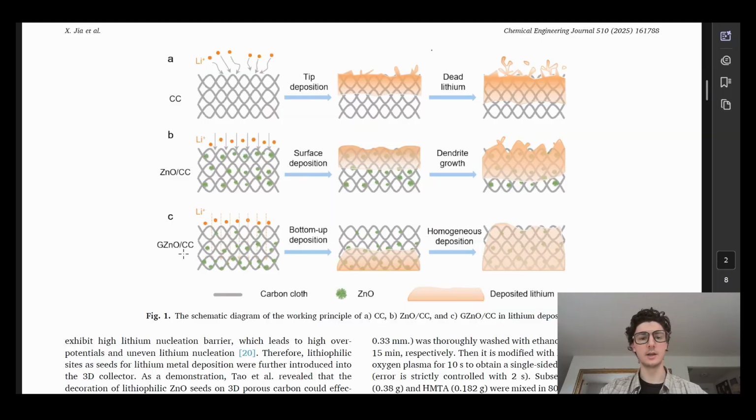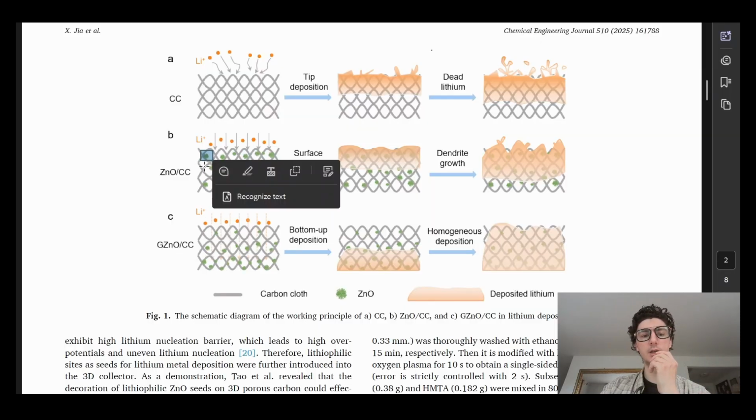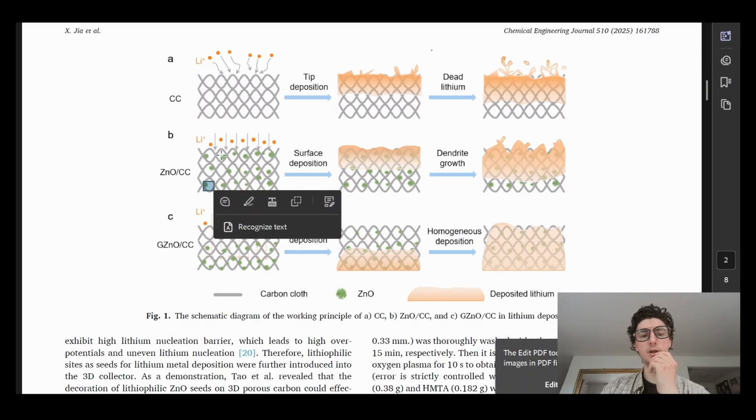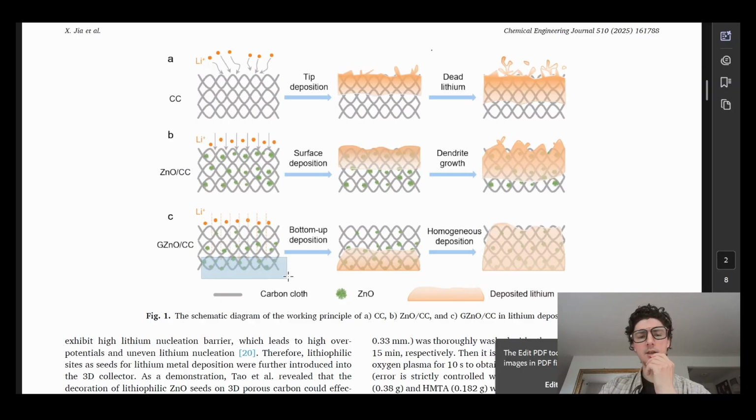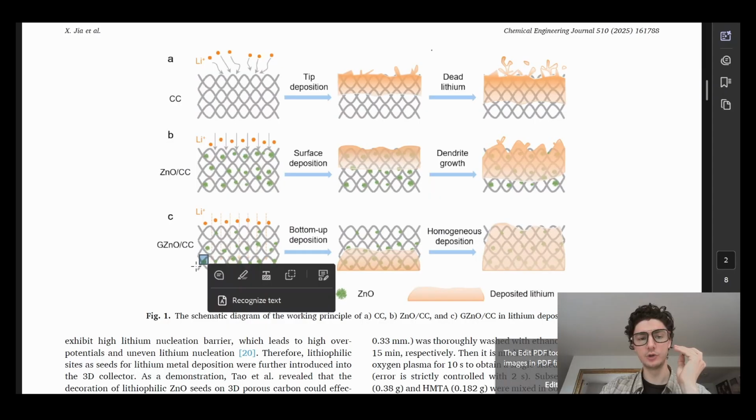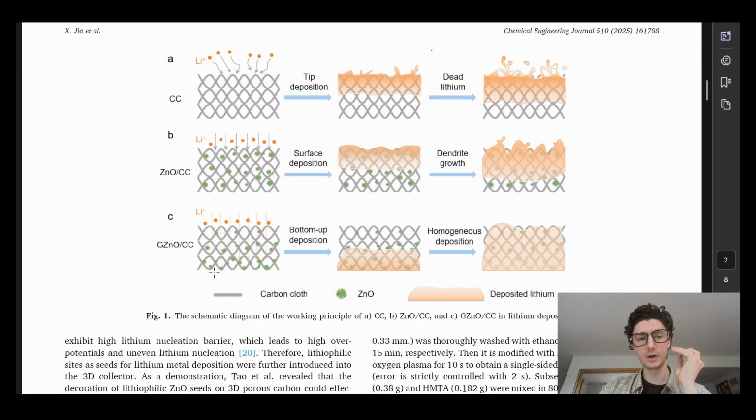Gradient zinc oxide. So what they mean by gradient, I'm assuming, is you see how here they have green balls distributed everywhere evenly all over this carbon cloth. Here, I'm assuming this bottom layer has more, and I'm actually correct about this because here you have two of these green dots, and over here you just have one.